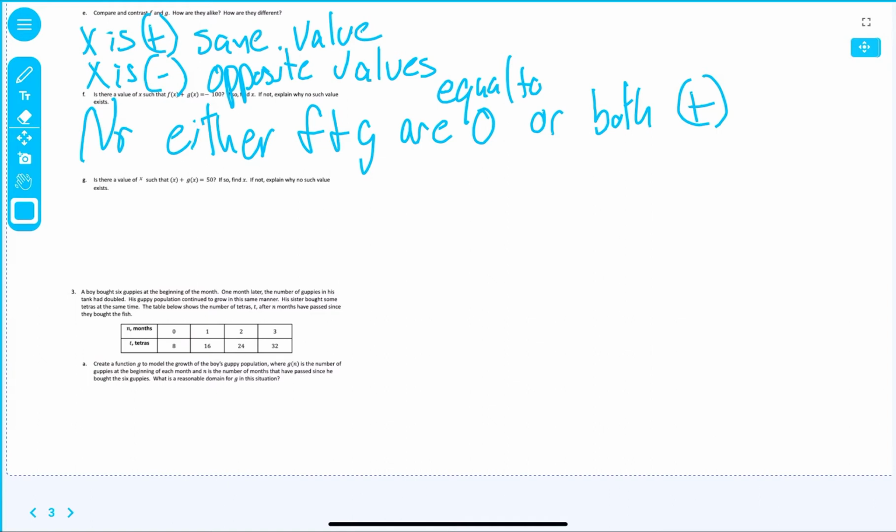Or they're both going to be positive, which means it can't be a negative. Sorry. So G says is there a value of x such that f of x plus g of x is equal to 50. Okay, so can we get 50? How?